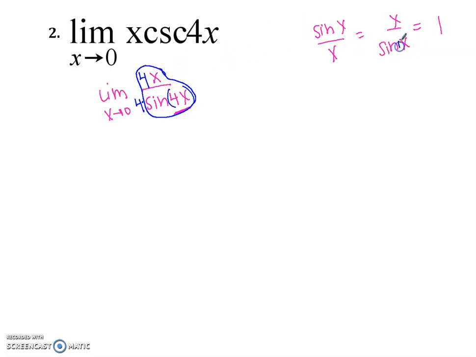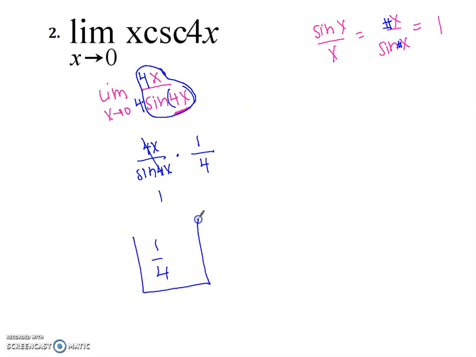Whatever number you have right here, you have to have the same number there. So I'm going to isolate that part: 4x over sine of 4x, times what's left over. There's nothing left in the numerator and a 4 left in the bottom. This part is going to be 1, so I'm just left with 1/4 for our limit.